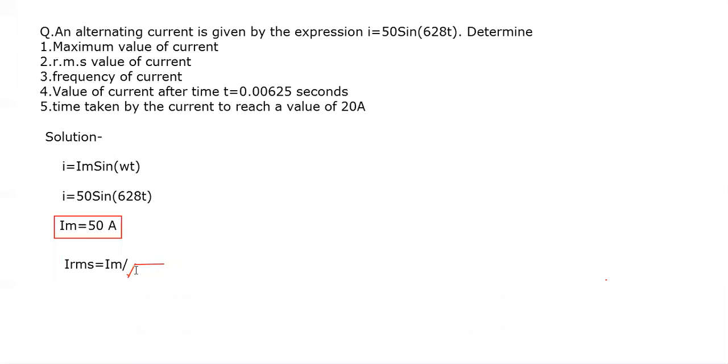So Im by root 2, after solving, the IRMS value obtained is 35.35 amperes. Okay, so it is our second answer, very simple numerical.